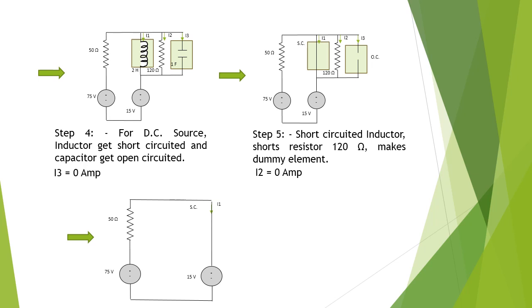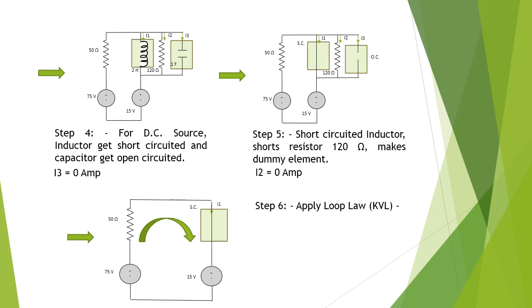Now this is nothing but a loop, right? So apply loop law or Kirchhoff's voltage law to this particular circuit. Just consider the arrow orientation shows the clockwise movement of the current. This current is nothing but I1, because I1 is the current passing through that short circuited inductor terminal, correct?